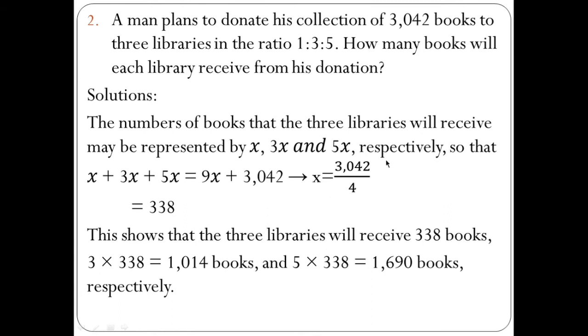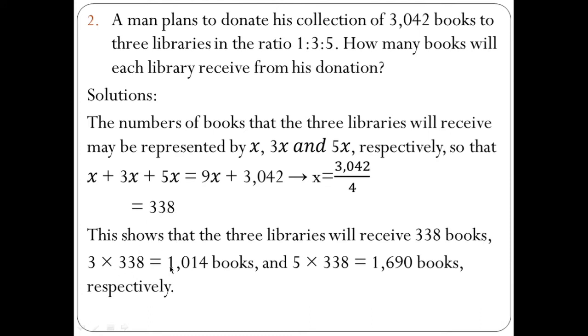Okay, so hindi pa yun. Hahanapin natin is each library will receive his donation. So, this shows that the first library will receive 338 books. Yung sa 3, ratio of 3, i-times lang natin siya by 338.